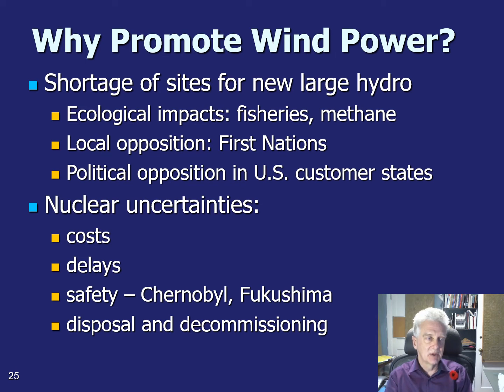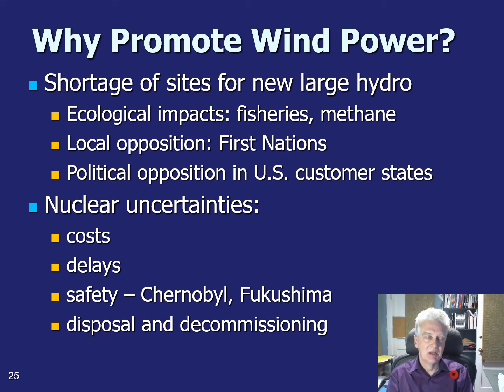For nuclear, there are enormous uncertainties. Nuclear is just really expensive to build, and it never seems to be able to come in at the price that it was originally projected. It tends to have lots and lots of delays, and people perceive nuclear as being much, much higher risk than any of these other sources.